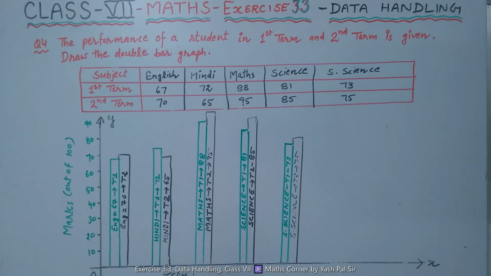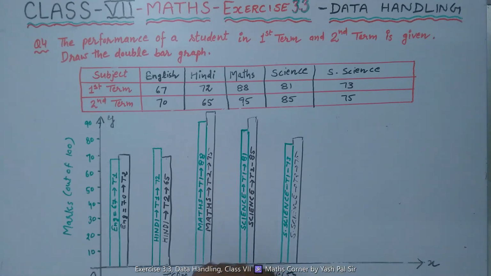So this way we have the term 1, term 2 subjects. Subjects are mentioned on the horizontal line.